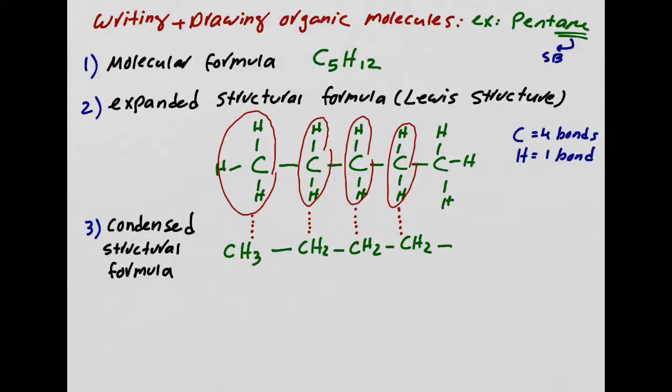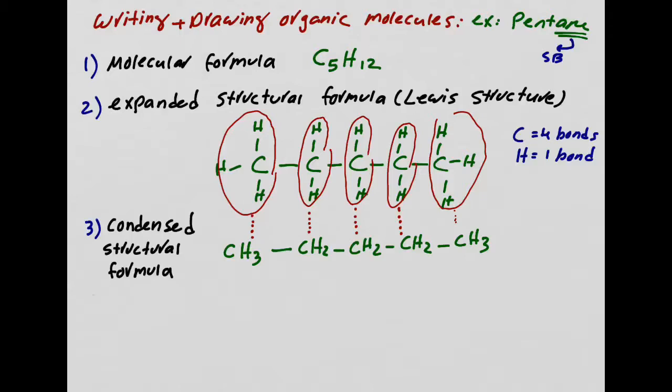What is the last one attached to? The last one is attached to a CH3, right? So I'm going to draw a CH3. There we go. That's a condensed structure. A little bit easier, right?